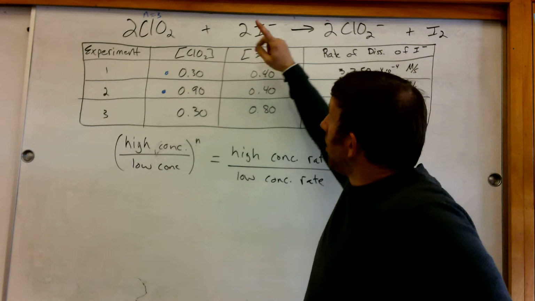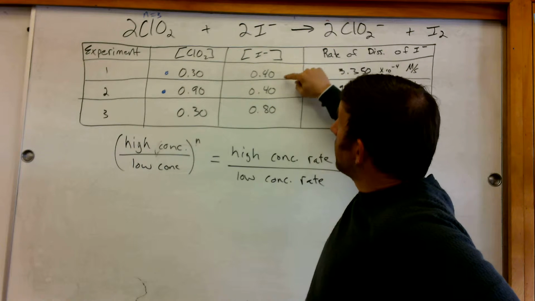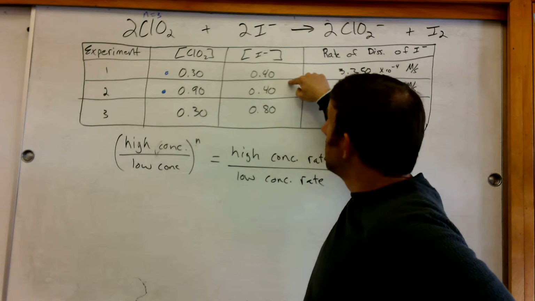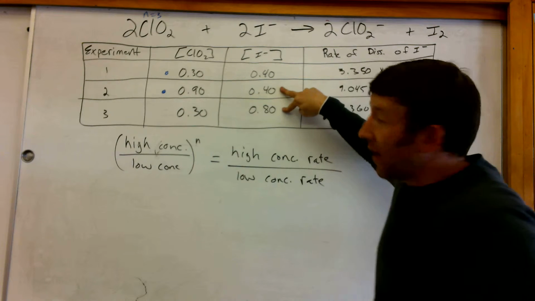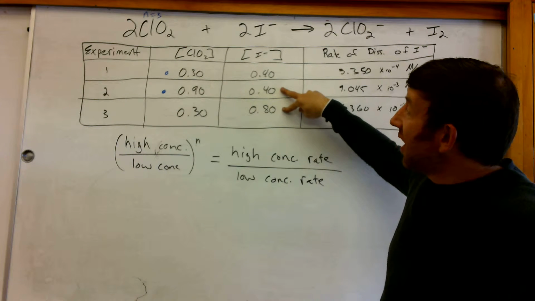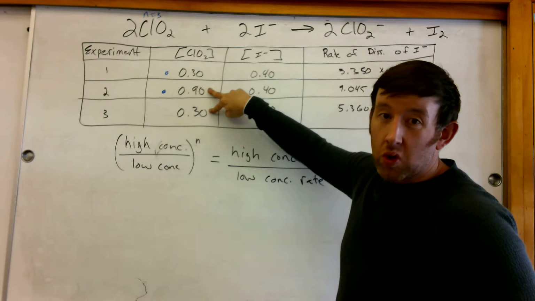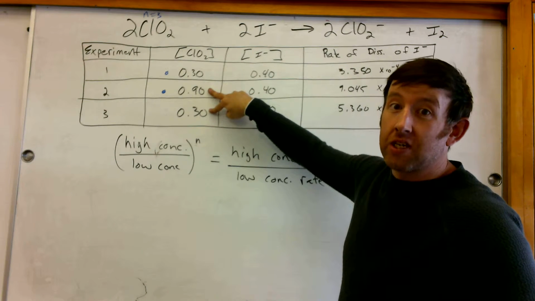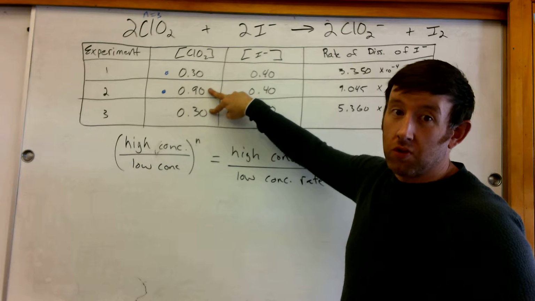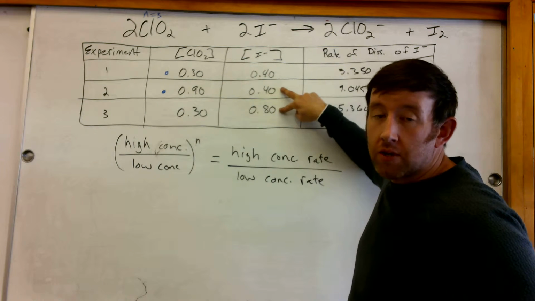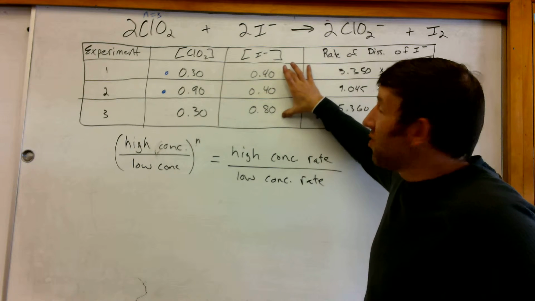So let's look at the iodine. We notice between experiments 1 and 2 we're the same. Between experiments 2 and 3, now we have a change in our iodine, but if I compare experiment 2 to 3, I'm also changing my chlorine dioxide between those two. So I can't compare 1 to 2, I can't compare 2 to 3. My only other option is whether 1 and 3 work.